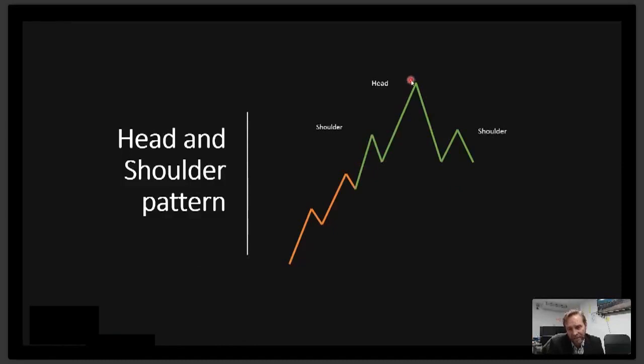The head is created, the head falls down, and bounces off the same level as the first shoulder, which then bounces back up and then comes back down again to the same level, because that forms what we call the neckline. When we see the shoulder, head, and shoulder, we know next time it bounces down from the shoulder and tests the neckline, what we are looking for is a breakout below that.